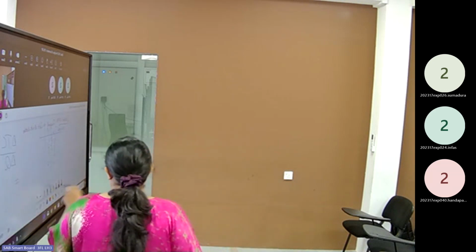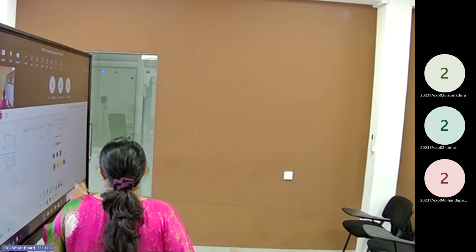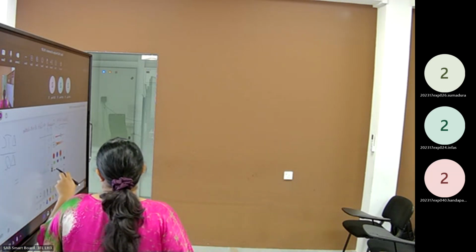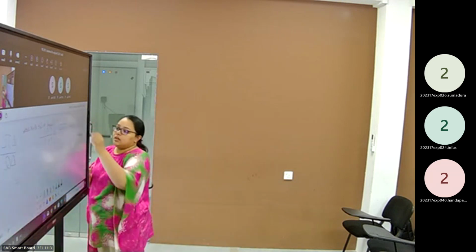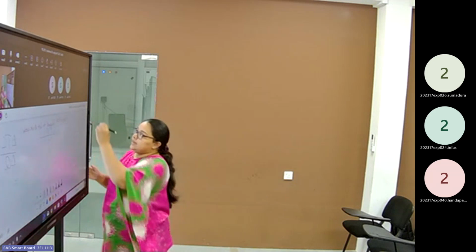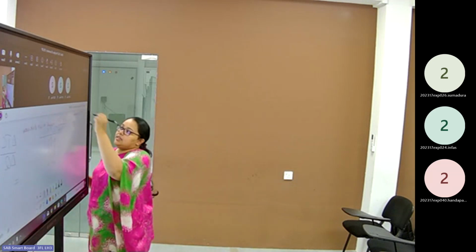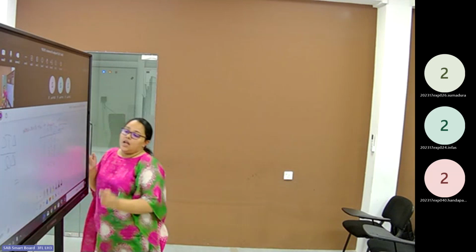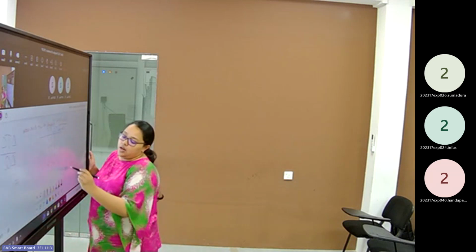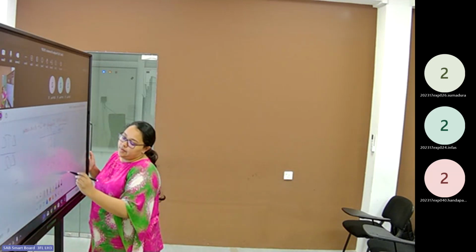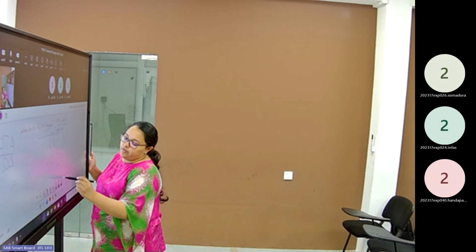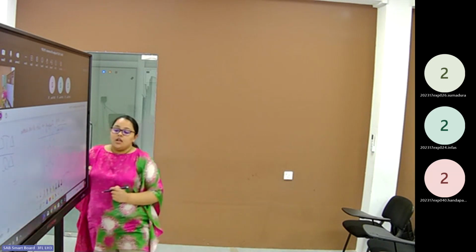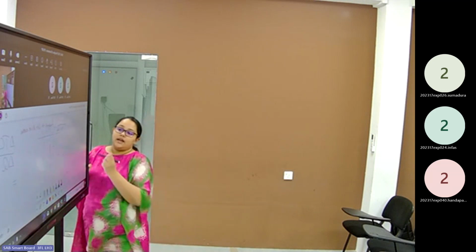Now, we should be able to represent this via a graph as well. What do we take to the graph? Marginal utility on one side and the number of bottles you consume on the other.